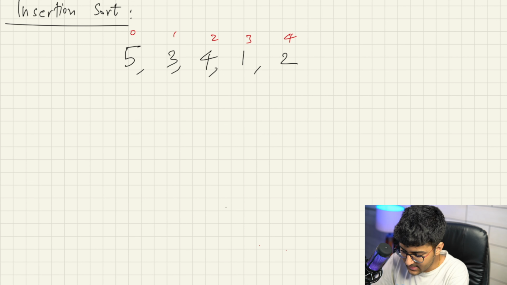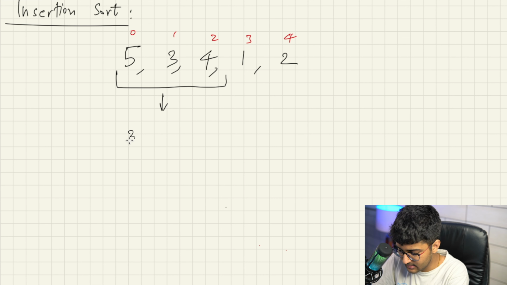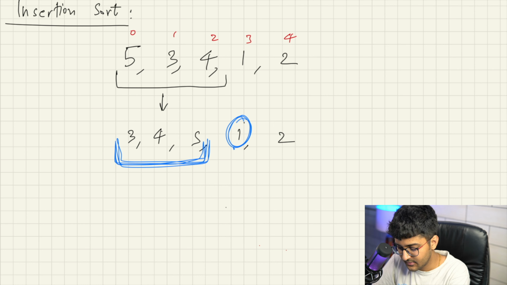So for example, let's say I have sorted till this index. This will become something like 3, 4, 5, and then this will be 1, 2. Now I'm going to start with this index. So the idea is to put this index in the correct position of its left hand side. Basically I'm inserting this element in the correct position of its left hand side.